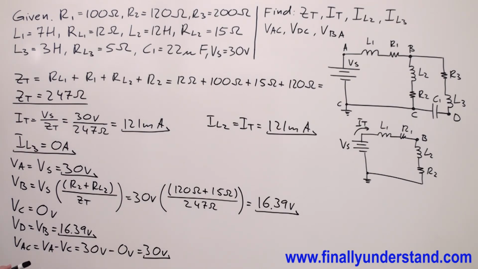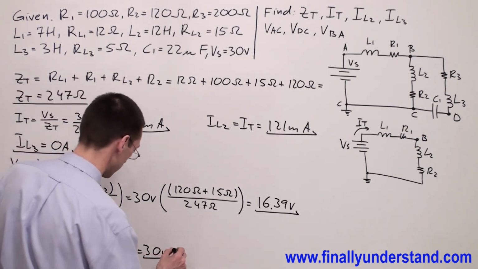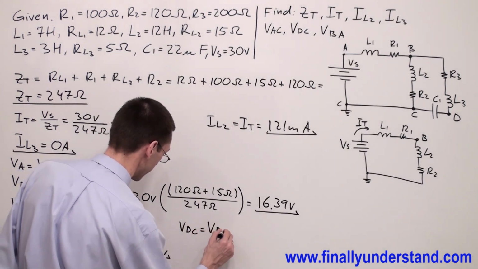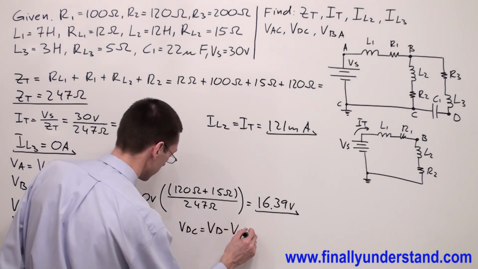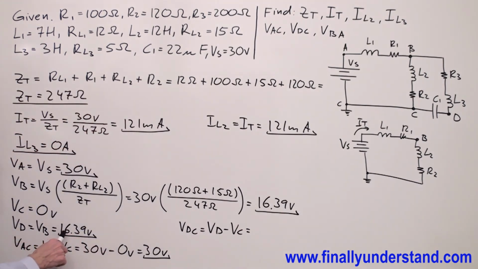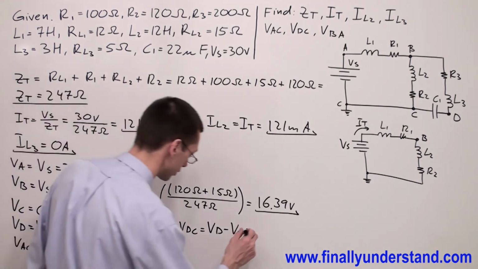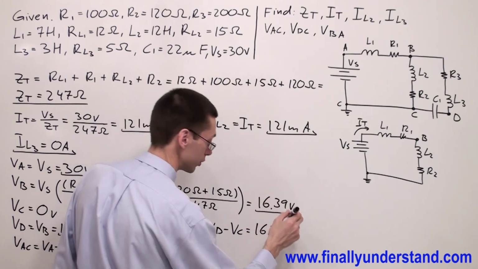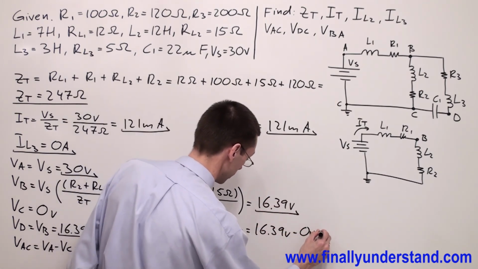If you want to find VDC, VDC is equal to VD minus VC, where VD we found is equal to 16.39 volts, minus VC, which is equal to 0 volts. This is equal to 16.39 volts.